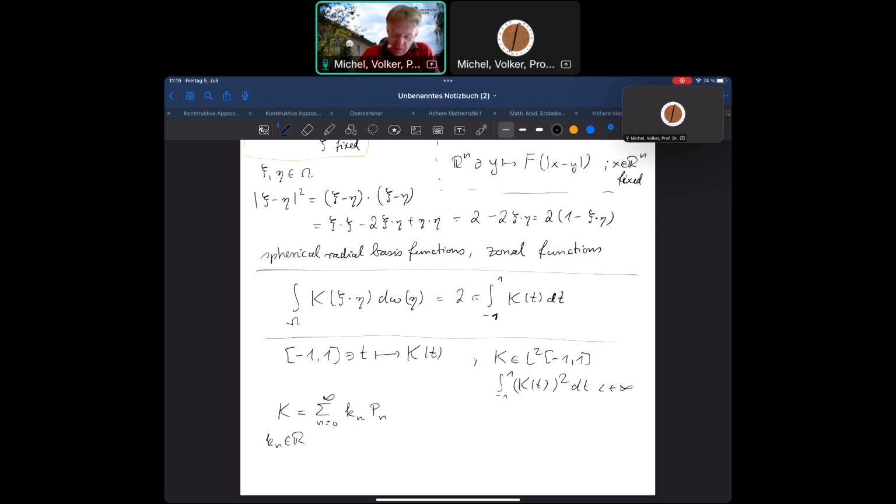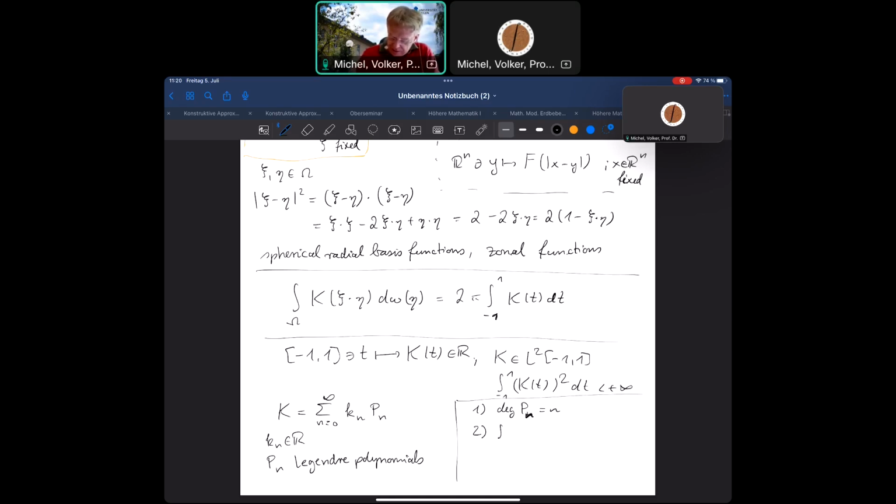So these are just coefficients, the kn are just some real numbers. So everything is real valued here in my case. So that's in R. And the Pn are the Legendre polynomials, which are defined by requiring, first of all, that they are polynomials. And the first thing is that the degree of Pn should be n, so they're enumerated with their degree.